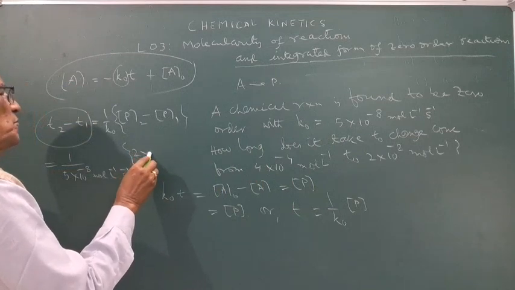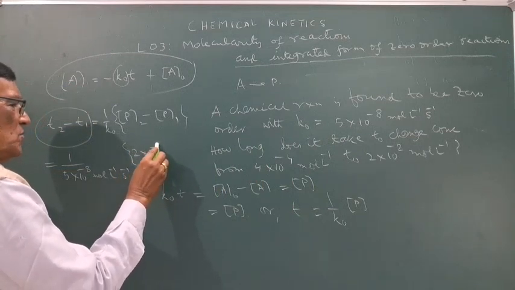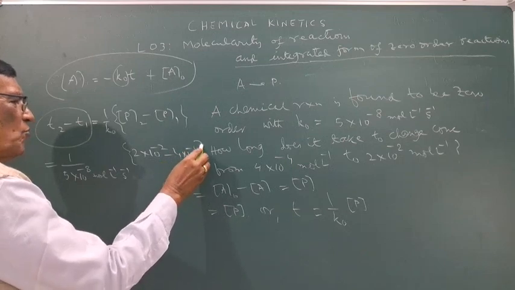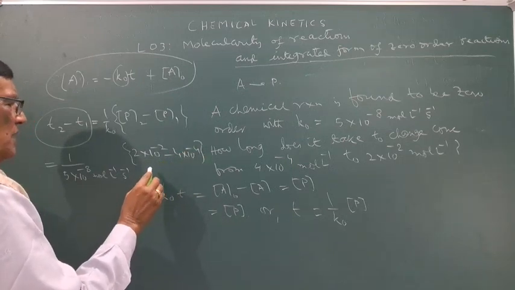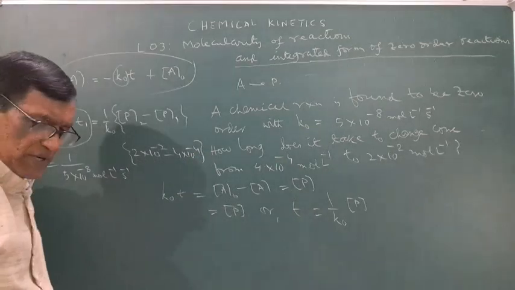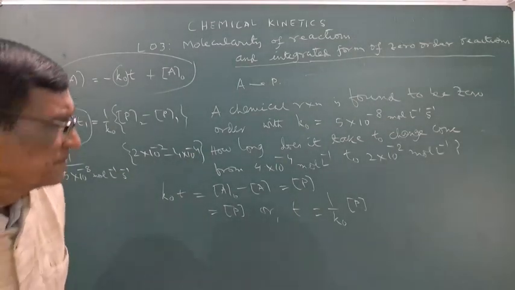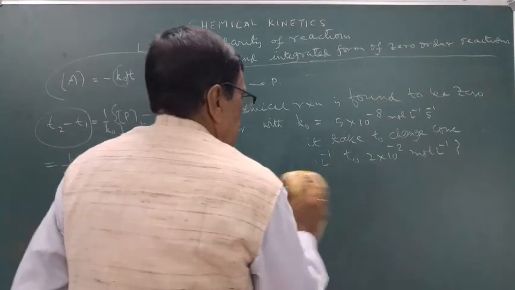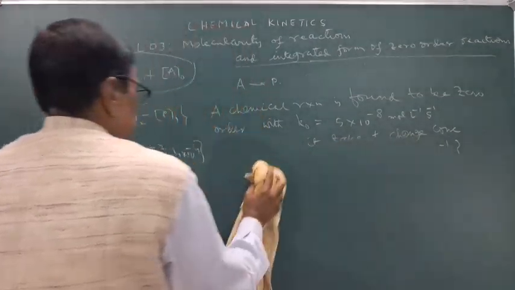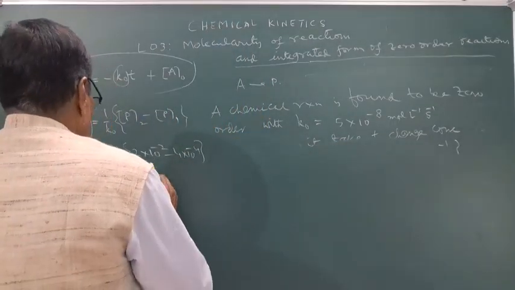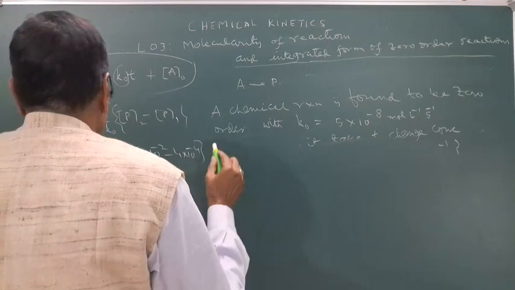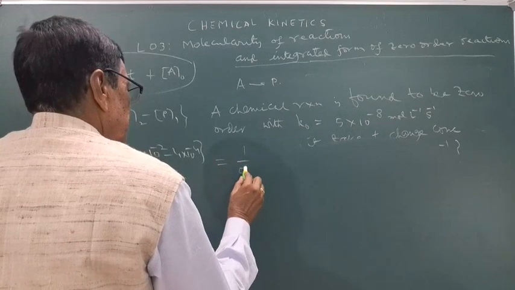So 2 into 10 to the power minus 2 minus 4 into 10 to the power minus 4, equal to 1 by 5.